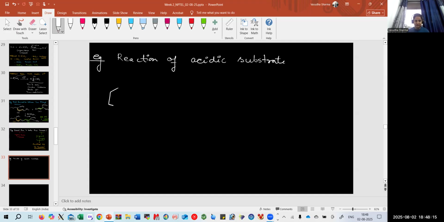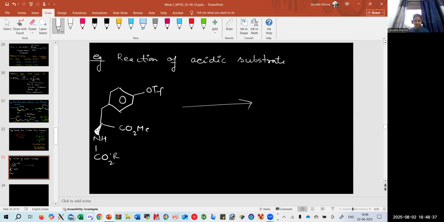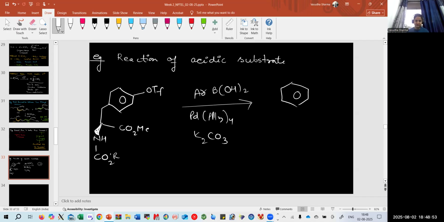So if I'm taking OTf, NH, CO2R and CO2H, this is basically an acidic group, and in the presence of boronic acids, palladium PPh3, K2CO3, which is a base, it would give you, this is your leaving group, this will go out, here the Ar will form and it would retain whatever was there earlier.